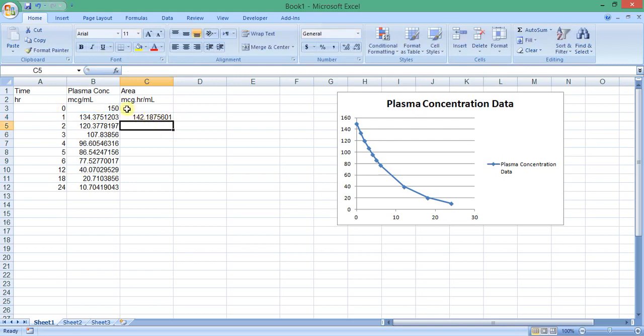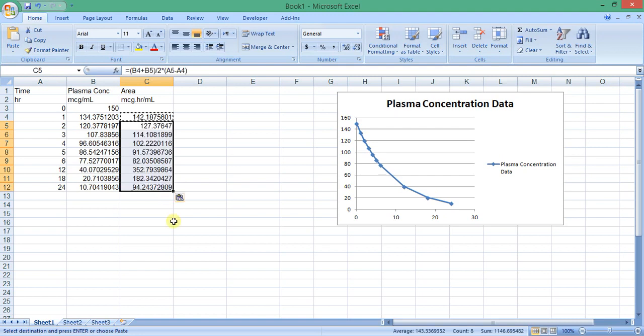This is the area of the first trapezoid. One need not repeat the equation for each cell. We can just copy this cell and paste it for the following cells, and Excel automatically calculates the area of each corresponding trapezoid.